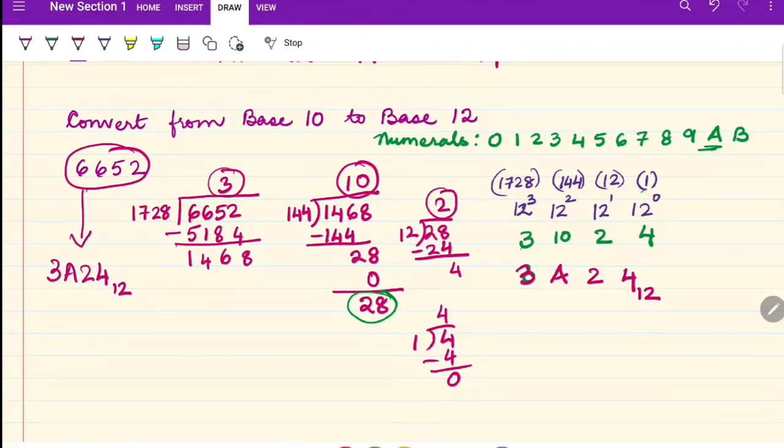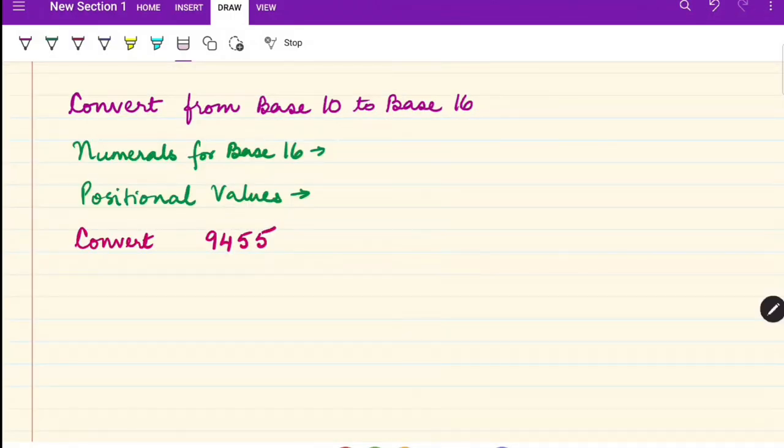So next we will do a conversion from base 10 to base 16. Now this time I'm going to work through an example of converting from base 10 to a base 16 or hexadecimal number, all right? Now by this time you should all be familiar with the process of converting from decimal to a different base.